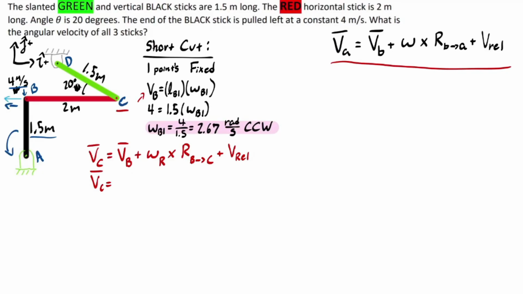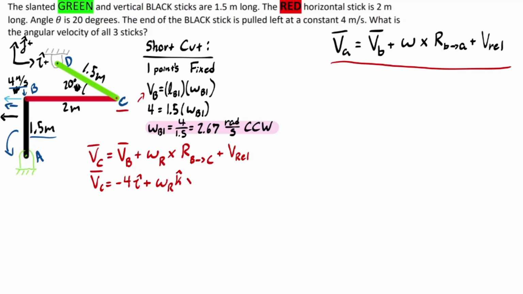Okay. So let's look at this vector in B. It's going in the i direction, left and right, but it's going to the left, so that's a negative i. So this 4 is going to be negative 4 in the i. And then plus whatever the angular velocity of the red thing is, that's what we're looking for, so we kind of just leave that alone for now. And let's just assume it's in the positive k direction.